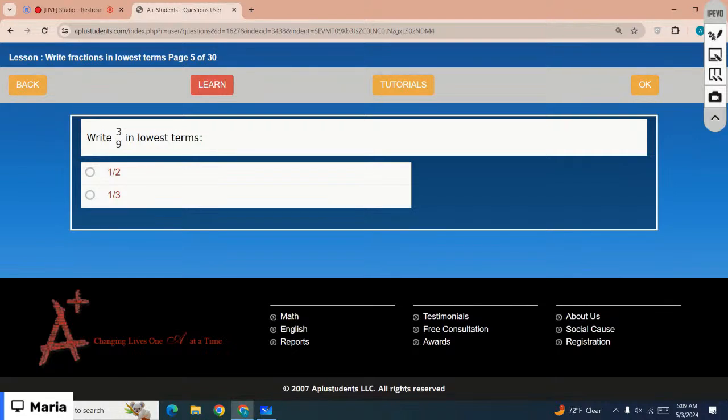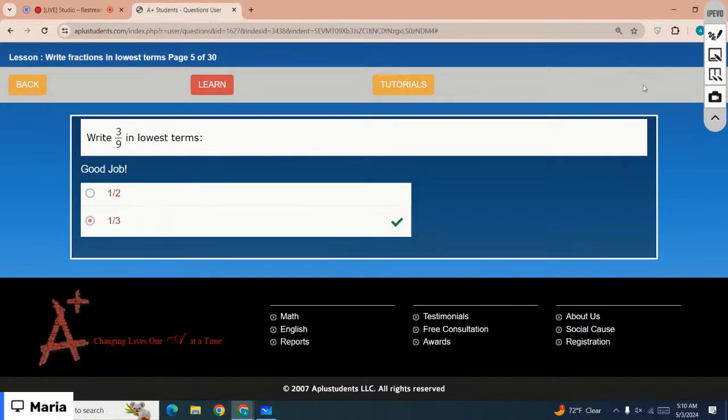Write 3 by 9 in lowest terms, which is the correct option? The correct option is 1 over 3. Option number 2 is the correct option.